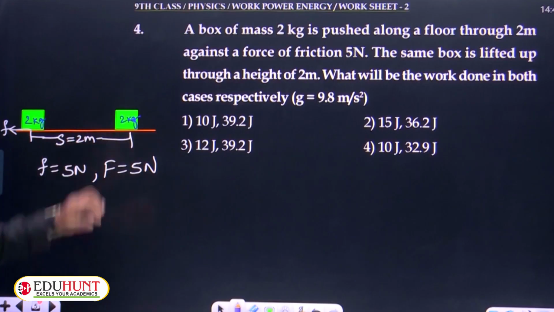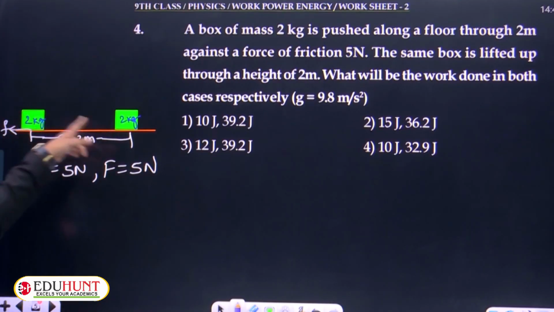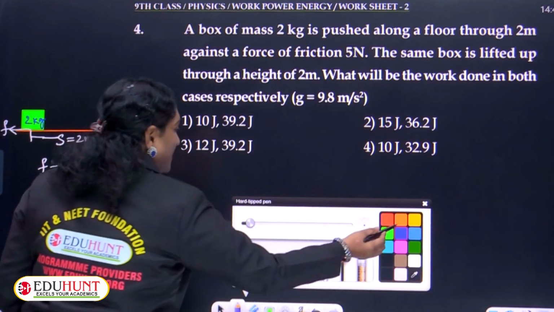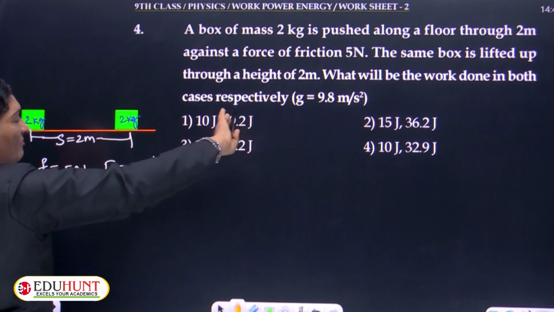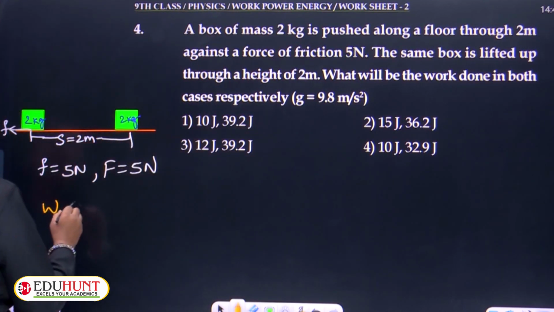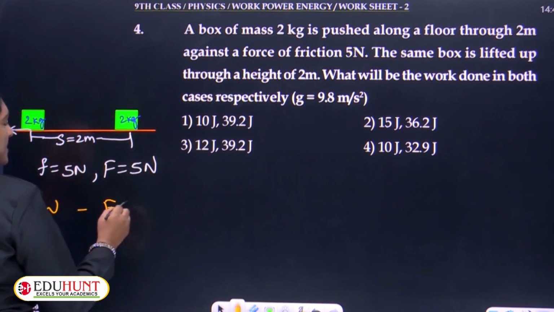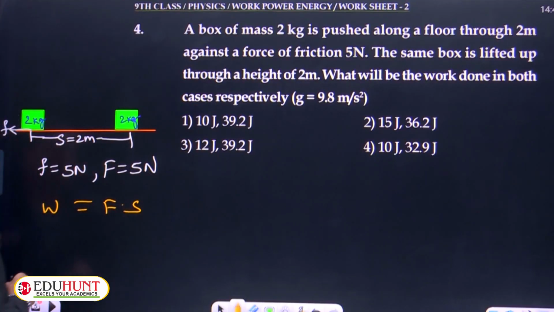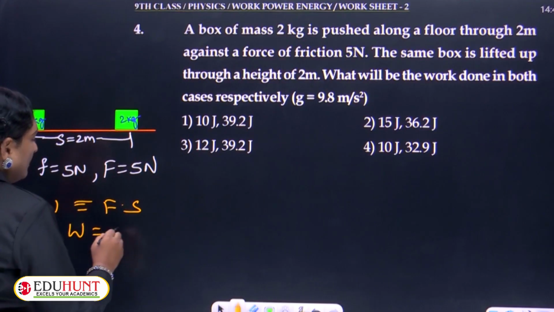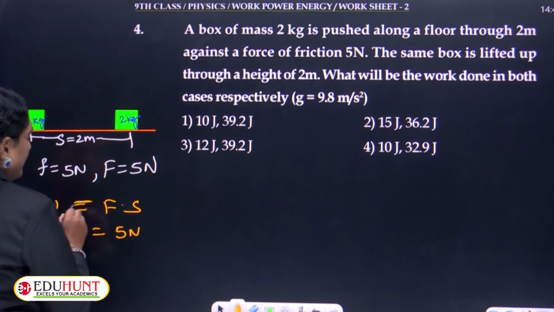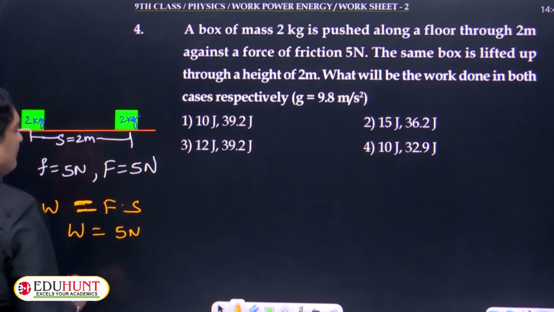Some work is done or not, children? Force is applied, distance is moved, so definitely some amount of work is done. So what is the work done here? The amount of work done in pushing the block to a distance of 2 meters is, by our general formula, W equals F dot S. How much is the force applied? Applied force is equal to 5 Newton.